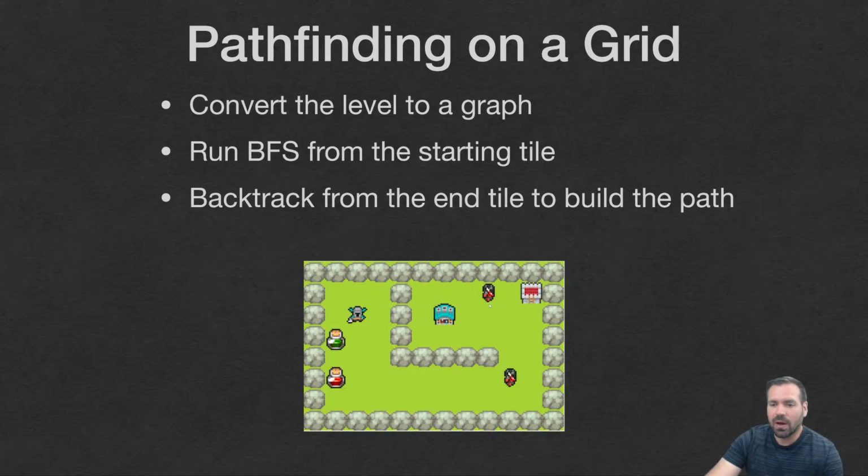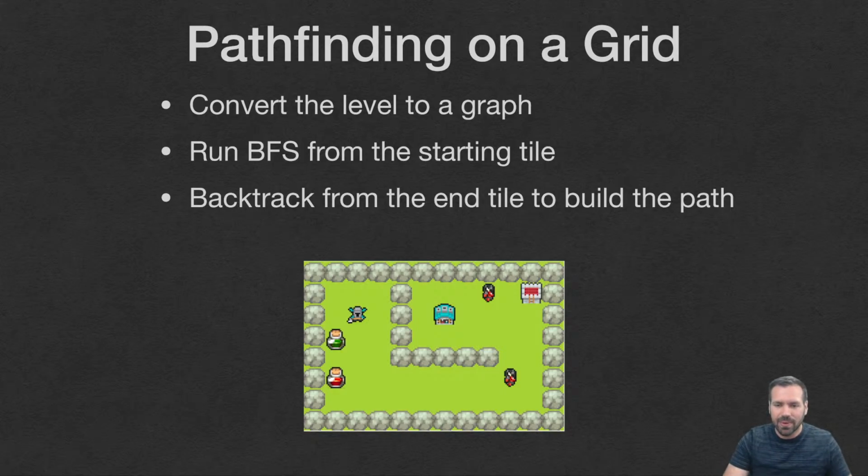But this is what we'd have them do: we have this AI character here and this one here. We want to be able to find the shortest path from this enemy to the player without getting stuck on walls. If you do a naive implementation, this character is going to go straight for the player and get stuck on this wall right here where they can't actually reach the player, and that's not a very fun game.